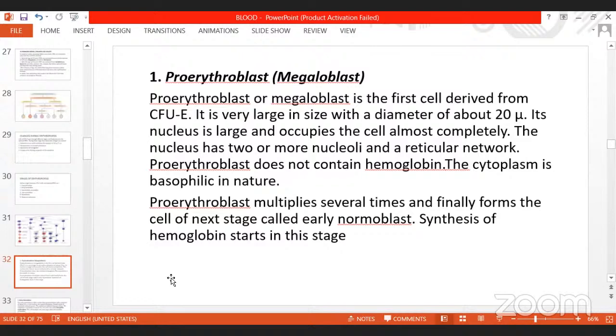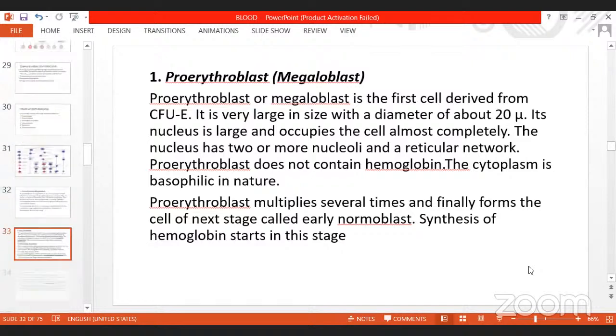The nucleus has 2 or more nucleoli and a reticular network, and the cell doesn't contain hemoglobin. The cytoplasm is basophilic. And this proerythroblast multiplies and forms the next stage known as early normoblast.